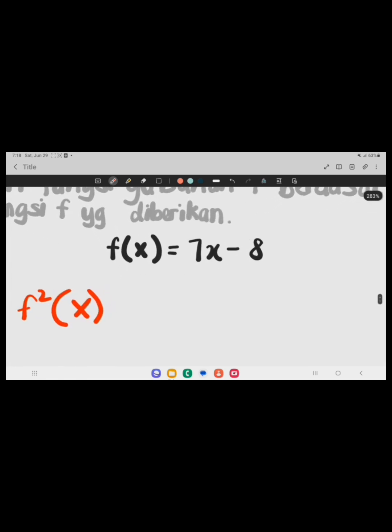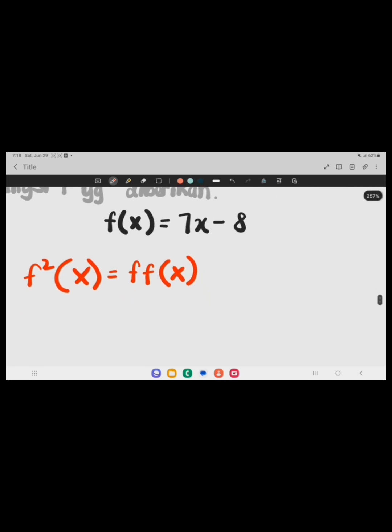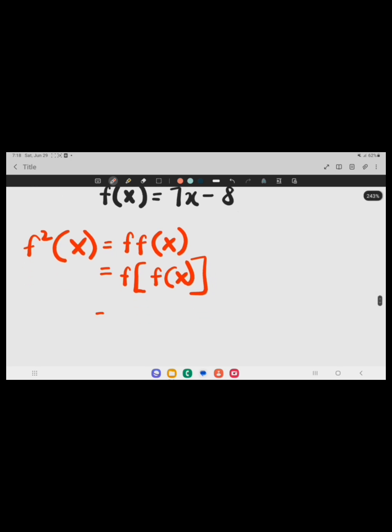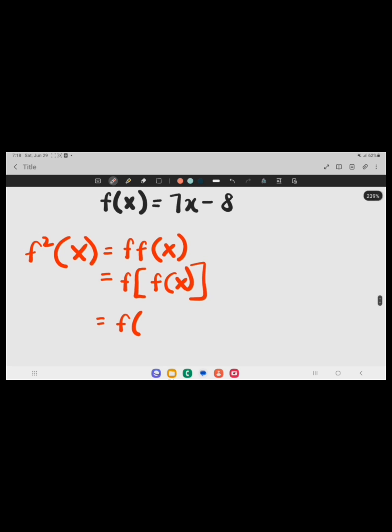So what is actually f squared(x)? It means that there are two f. So the first thing is you are required to split them by putting a bracket inside. And then substitute the f(x) with its equation.